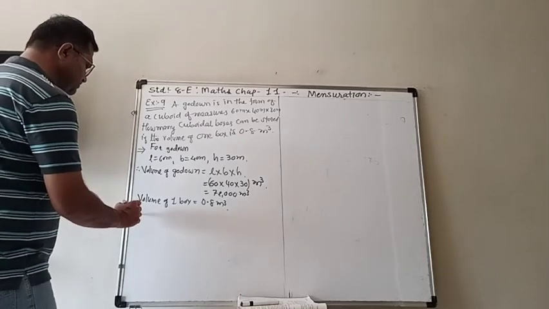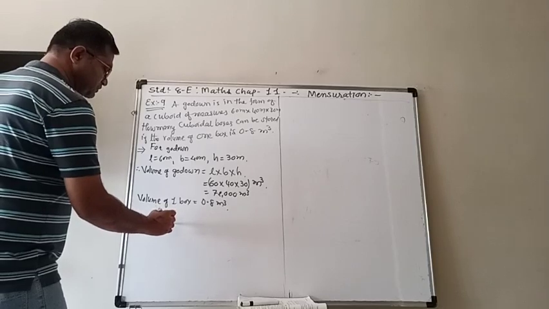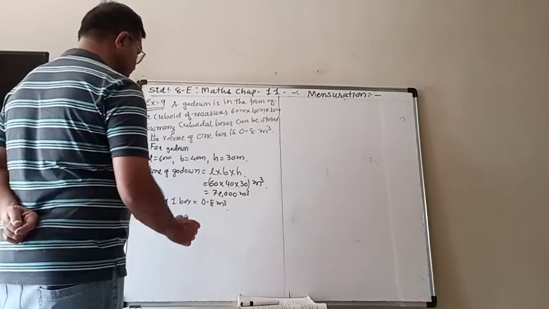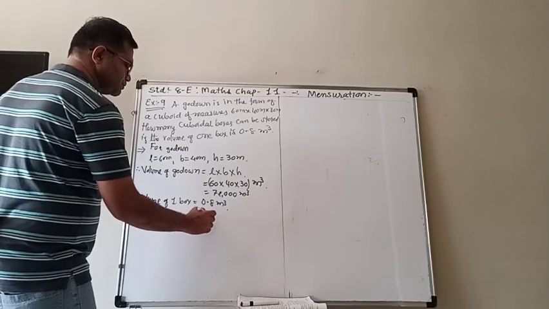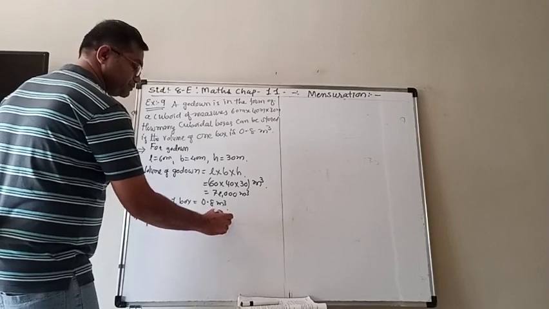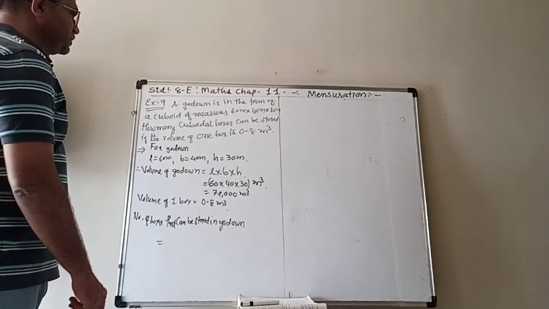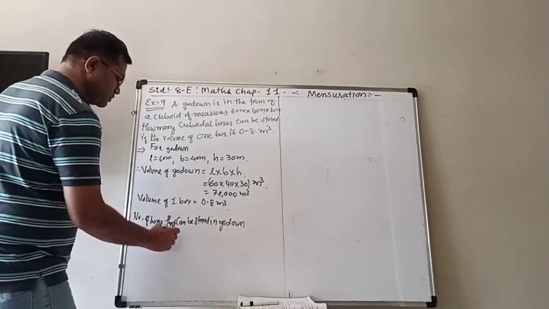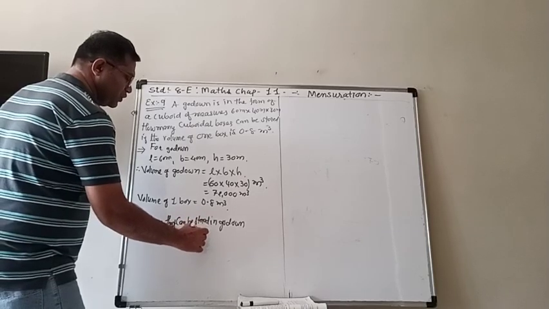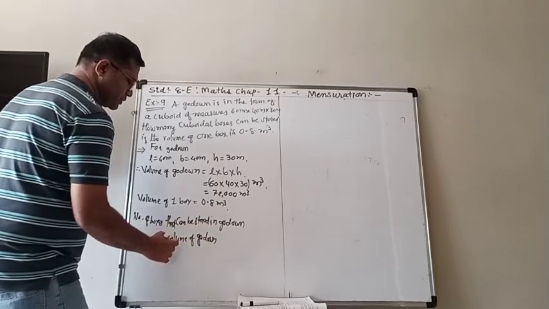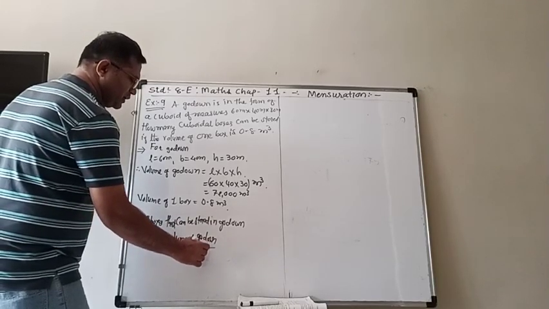So now number of boxes that can be stored in godown will be obtained by division, means volume of godown divided by volume of one box.